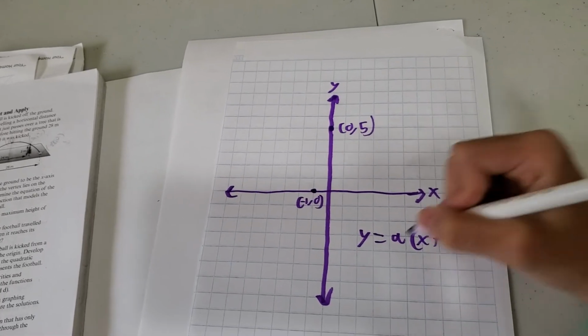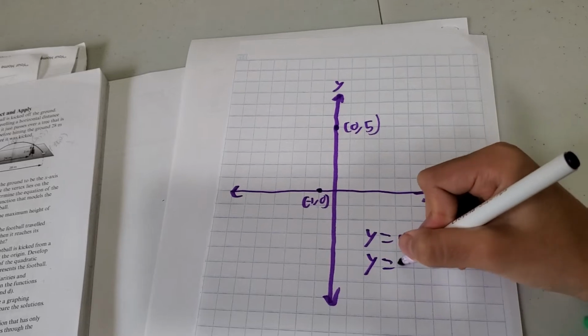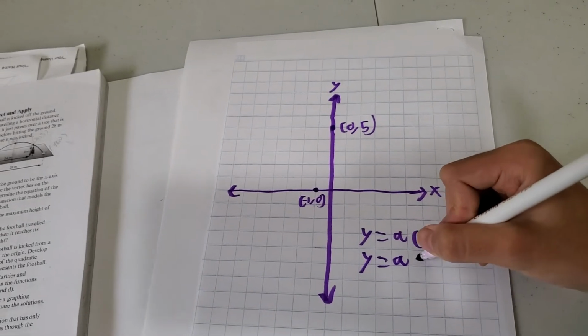So let's see what we know here. y equals a. We don't know what a is yet.